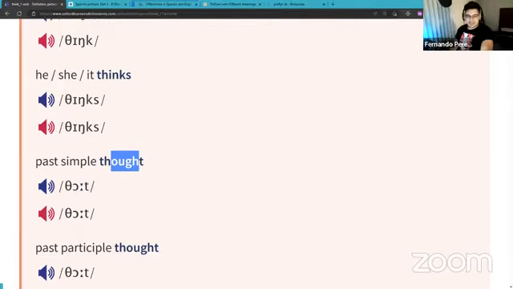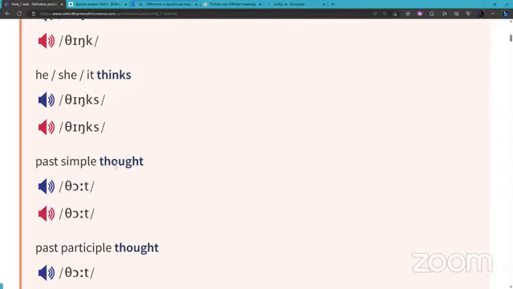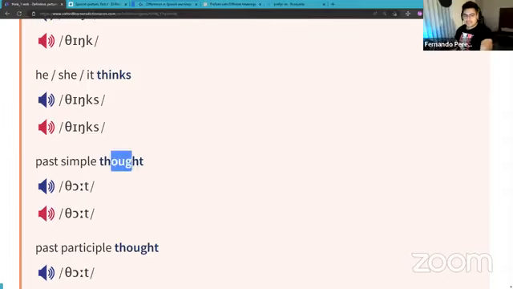That's the pronunciation. You see how the person is not saying the diphthong? Every time you see o-u-g-h, ignore it completely and say only the o. Thought, enough, lot, rough. There are a lot of words that have this pattern o-u-g-h that you don't need to pronounce like that.